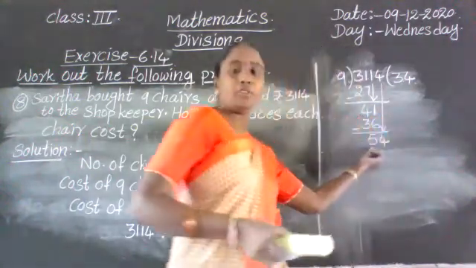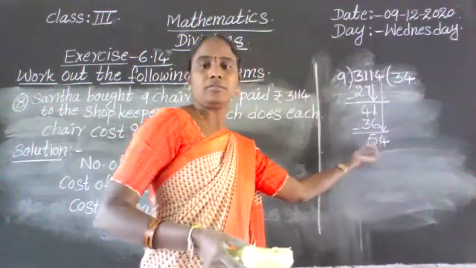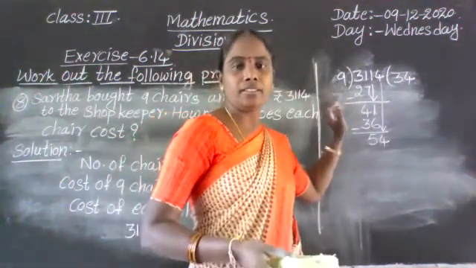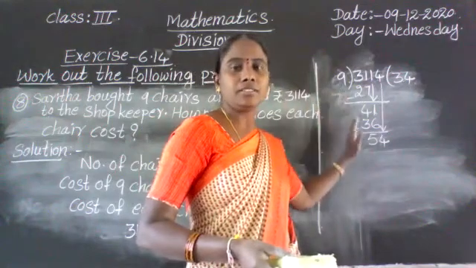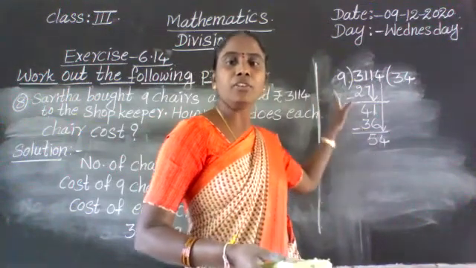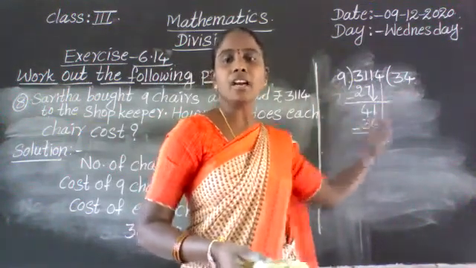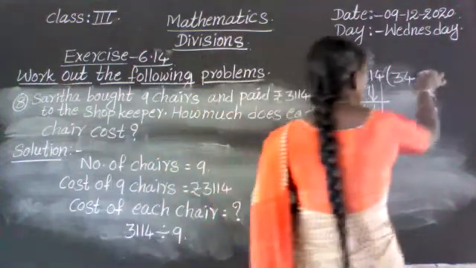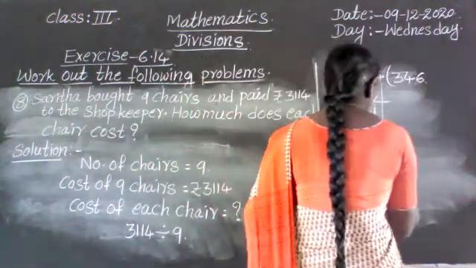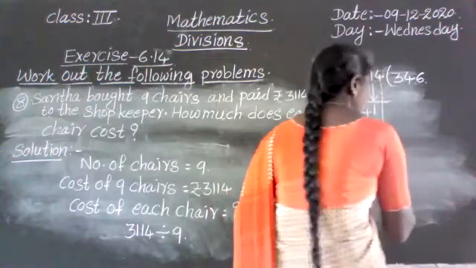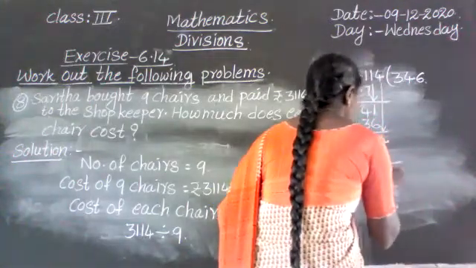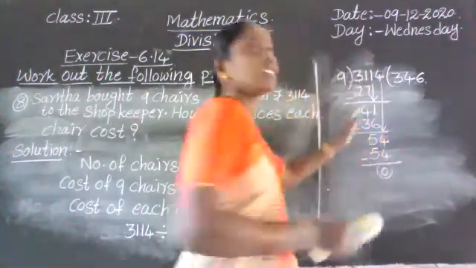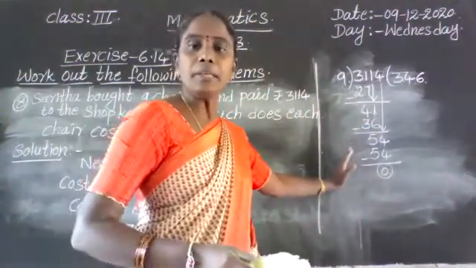4. 54. 54 divided by 9. Read the 9 table once. 9 6s are 54. Write 6 in the quotient place, 54 in the dividend downside. 54 minus 54 is 0. So what is the cost of each chair?